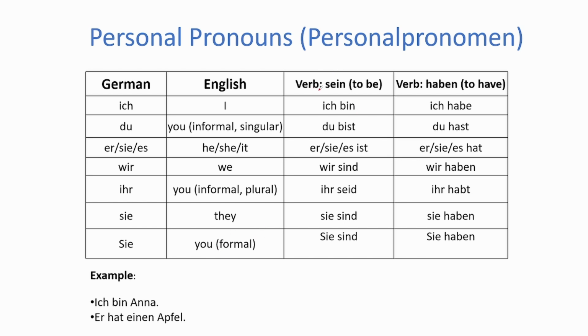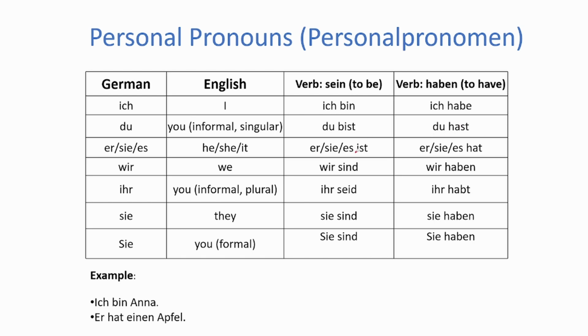We have two verbs, sein, which means to be, and haben, which means to have. So we use these verbs with these personal pronouns like this. Ich bin, ich habe. Du bist, du hast.